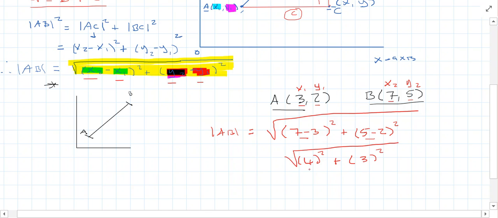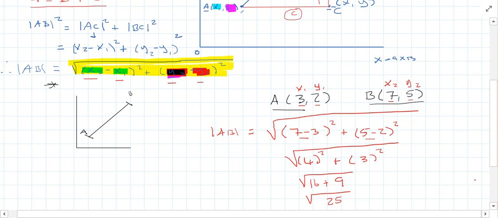Then we just square these. 4 to the power 2 means 4 multiplied by 4, so that's equal to 16, plus 3 by 3 is equal to 9. Then we add these together, so it's going to be the square root of 16 plus 9, which is 25.